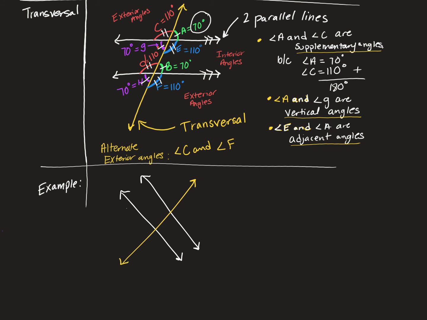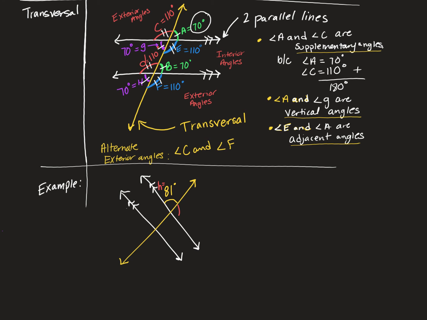All right, so we have these two parallel lines, and then we have our transversal, which is that yellow line. We're given one degree measure, and that degree measure is, sorry, 81 degrees. And we're going to say that this angle is angle H. So angle H is 81 degrees.